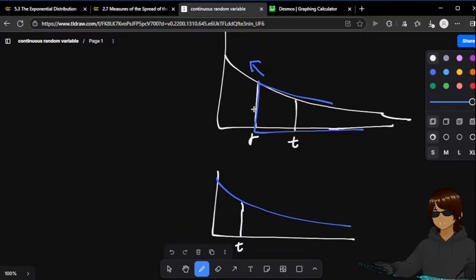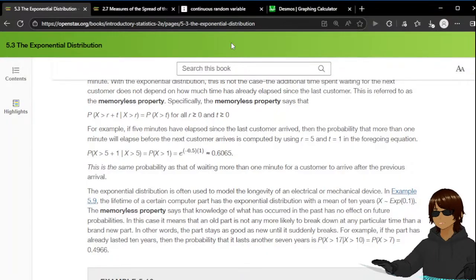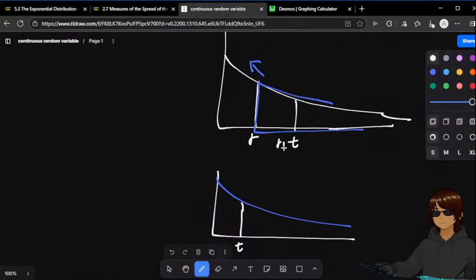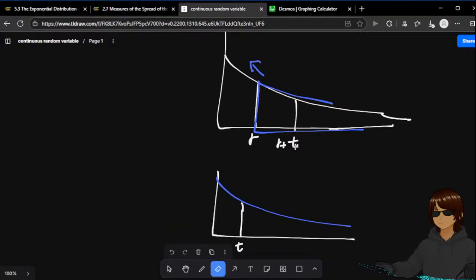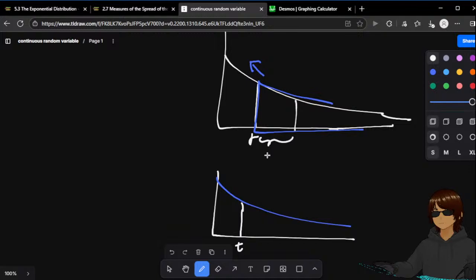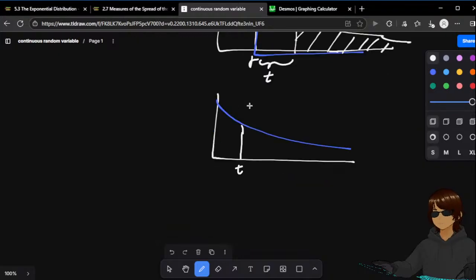We can start it from here. And then the probability of r plus t. So this is the probability of more than r plus t, given that r has already happened, is equal to the probability of more than t.